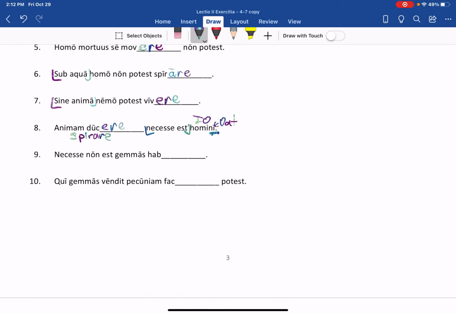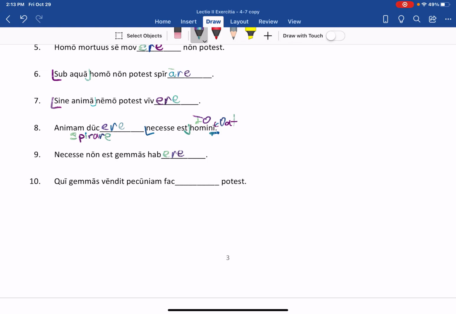Number 9. Necesse non est gemas habere. It is not necessary to have gems. And for whom is it not necessary? We intuit that in number 9, it's talking about humans.